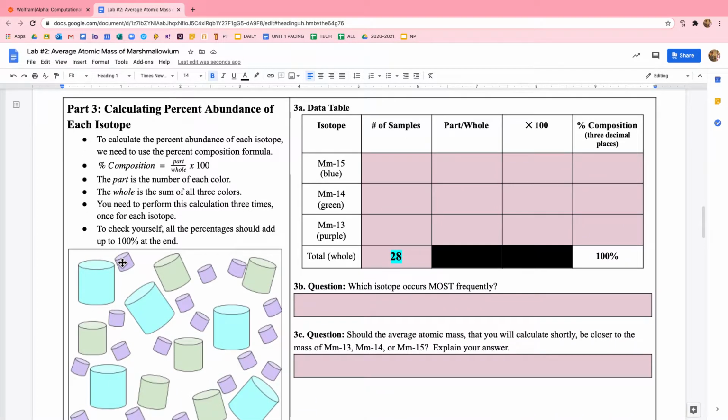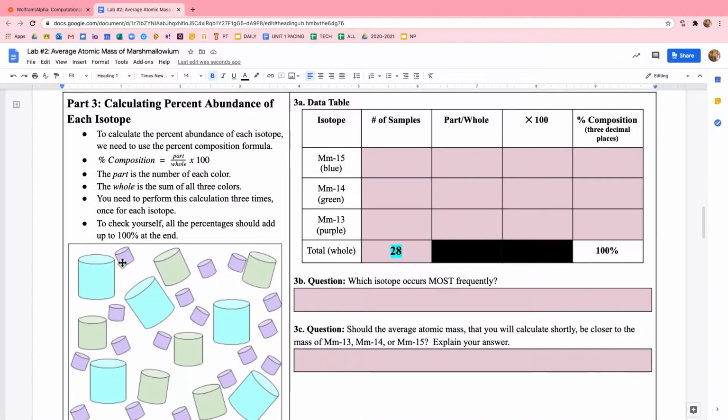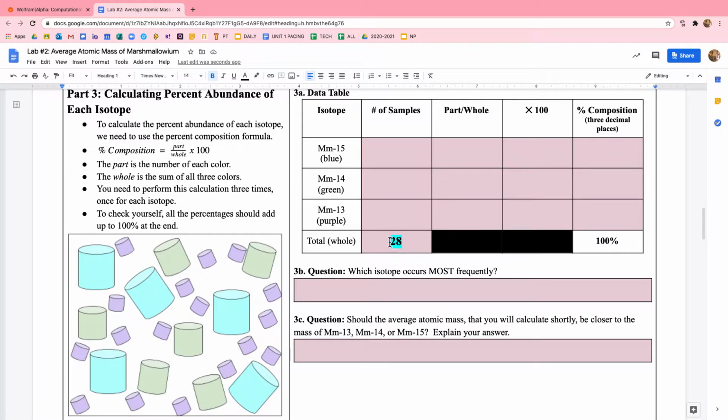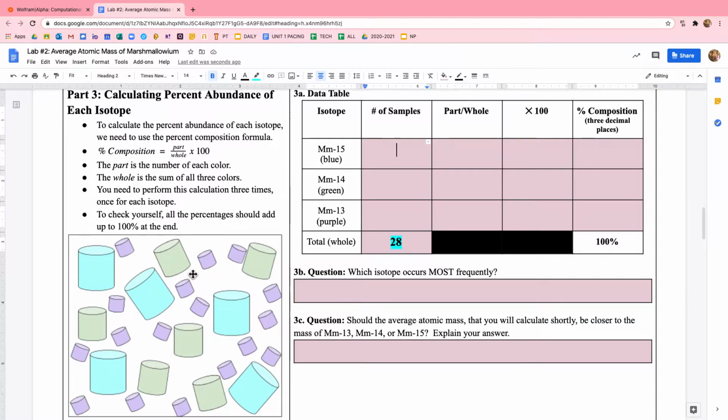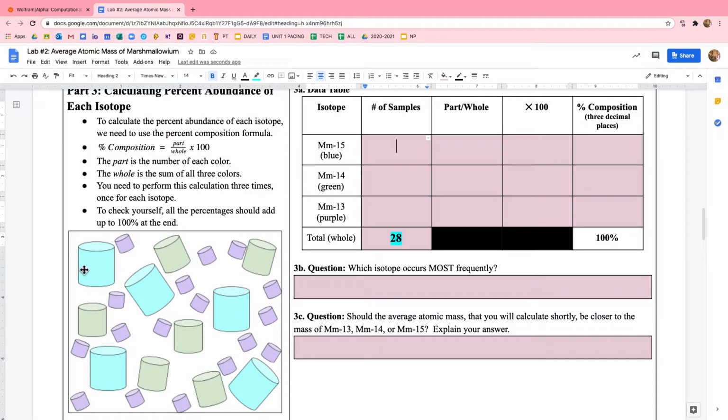Alright, part 3. So for part 3, you're going to be counting these little marshmallows in the picture. So I gave you the total number, which is 28, and we'll do the blue one together. So in this picture, I have 1, 2, 3, 4, 5 blue, right? 5.